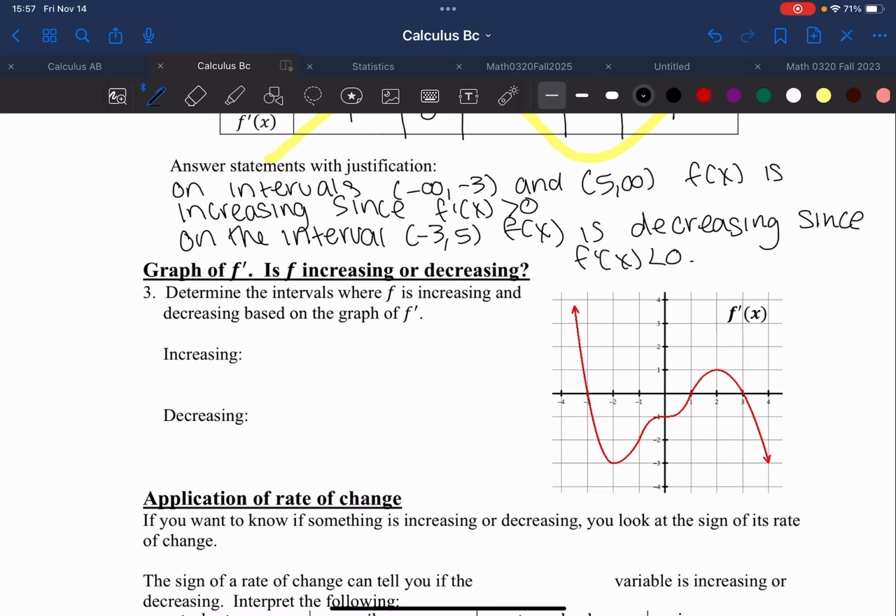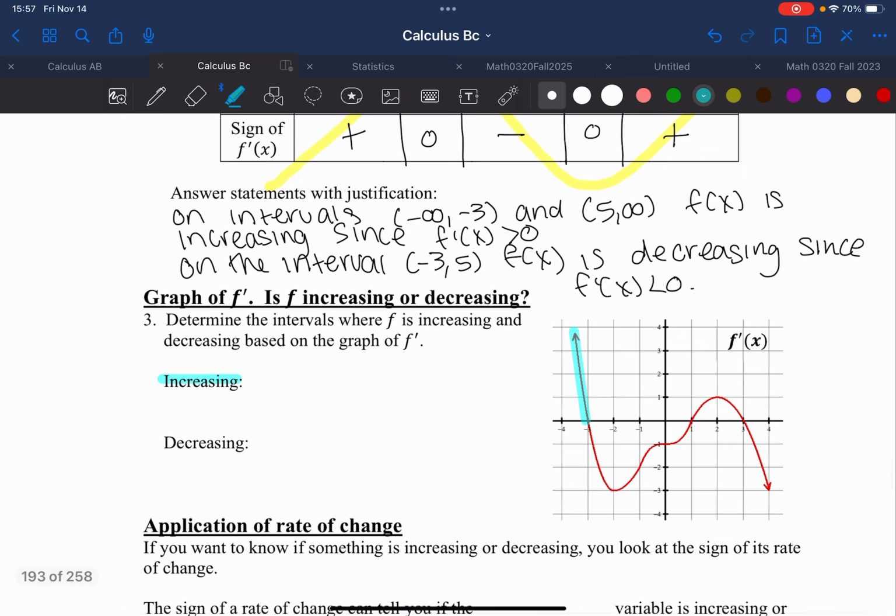Since this is the graph of the derivative, we know that all the places where it's above the x-axis, f is increasing, and all the places where it's below the x-axis, it's decreasing. So if I was to color code this, I would say increasing would be from here to here, and then here to here, and then decreasing would be from here to here, and here to here.